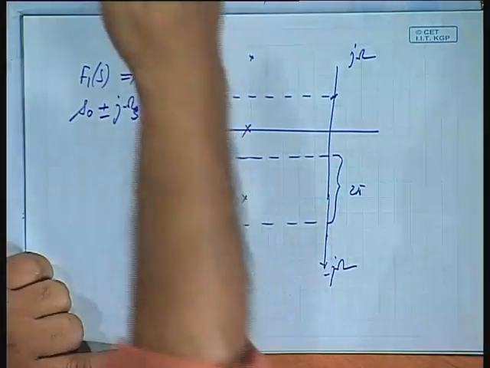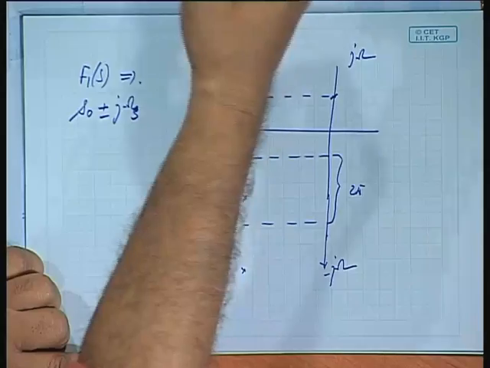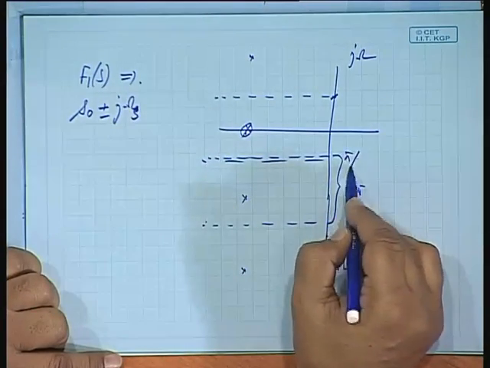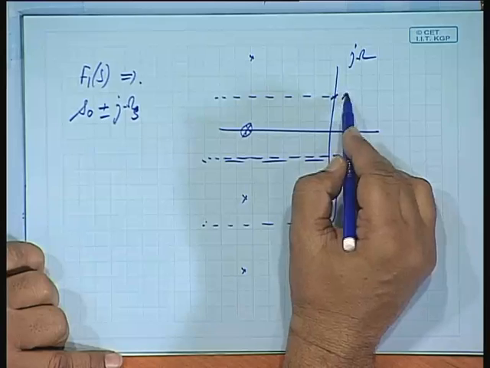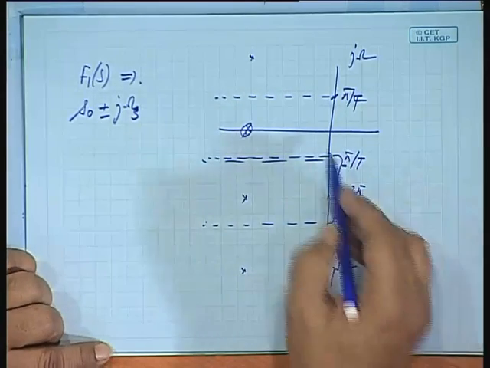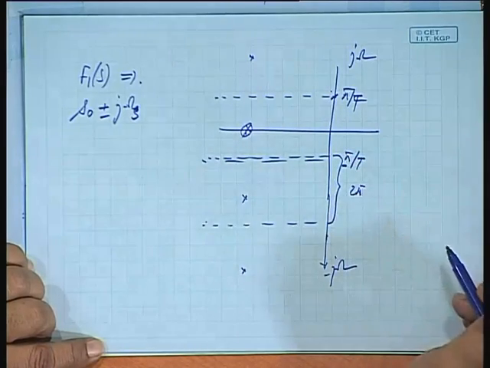That means there will be an infinite set of roots at that same location, and as if they are mirror images about, this is pi by T, this is pi by T plus, and this is minus pi by T, that corresponds to omega naught by 2 and plus omega naught by 2 and minus omega naught by 2.